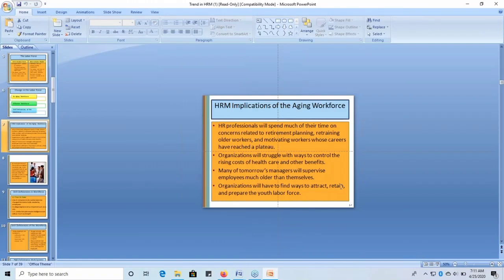So let's look at skill deficiency of the workforce. Immediately this aged workforce goes on retirement, there is a gap, there is a lacuna. If management, if HRM finds it difficult to cushion this lacuna, there is another problem that will emanate.